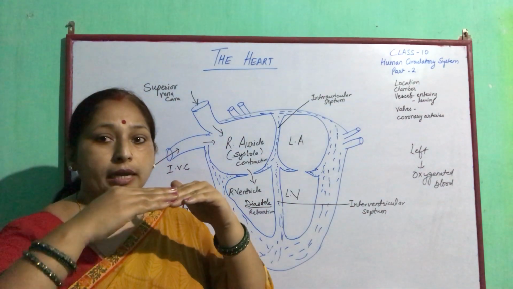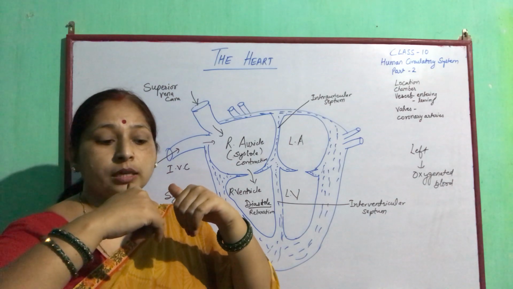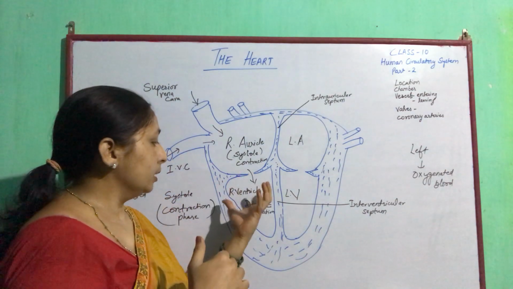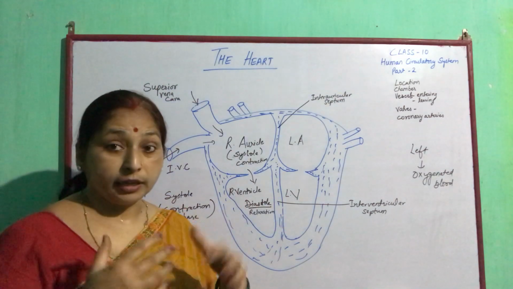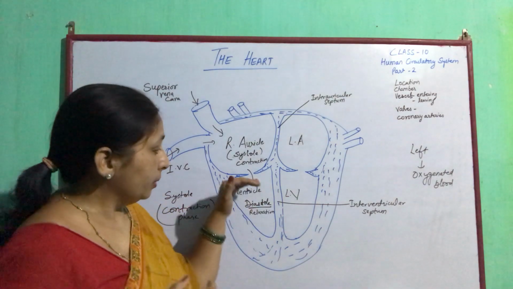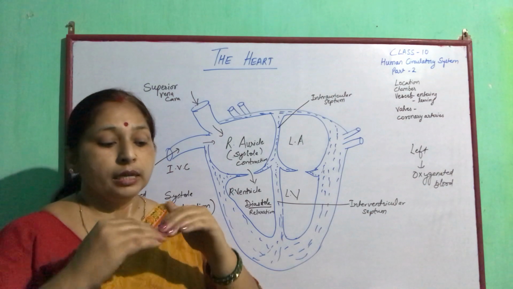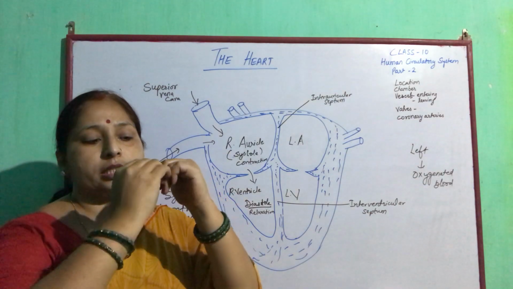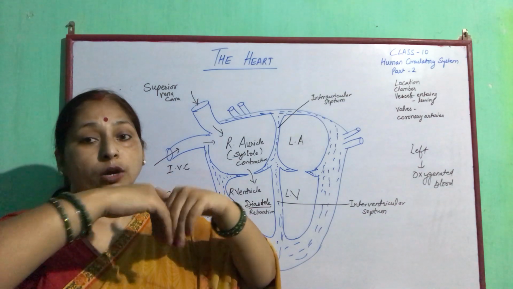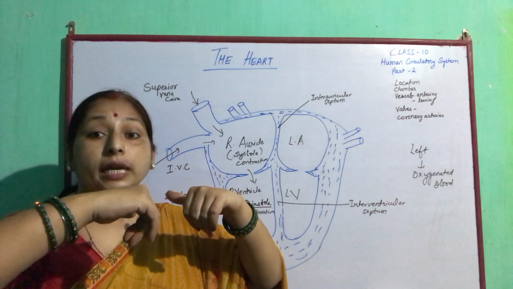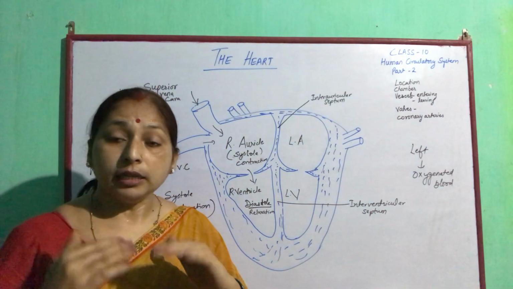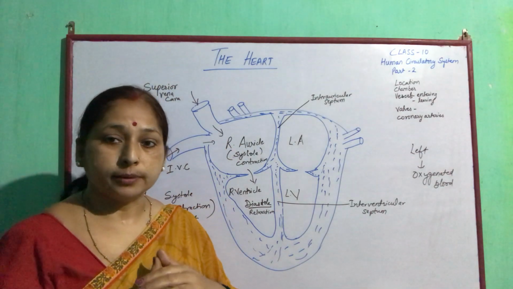They allow movement like this, but the opposite movement, when the ventricles are in the contraction phase, the blood may come back into the auricles. To prevent that, these flaps are arranged in such a manner that they allow the blood to flow in a unidirectional manner, from auricle to ventricle only, not from ventricle to auricle.